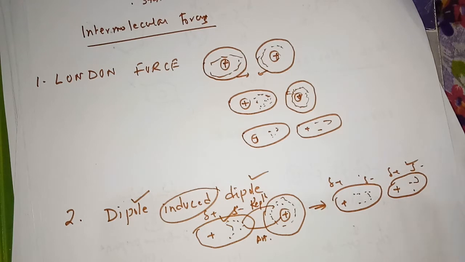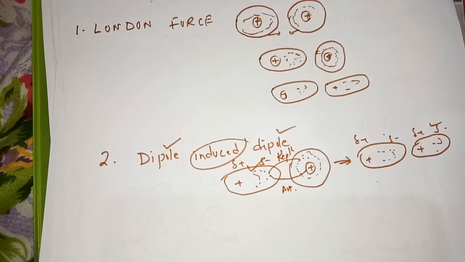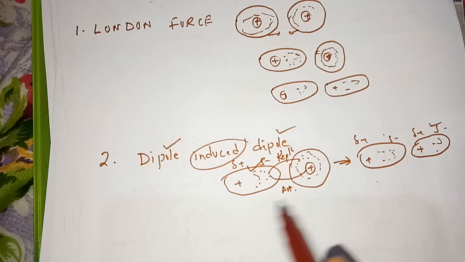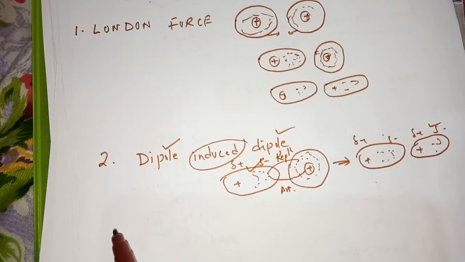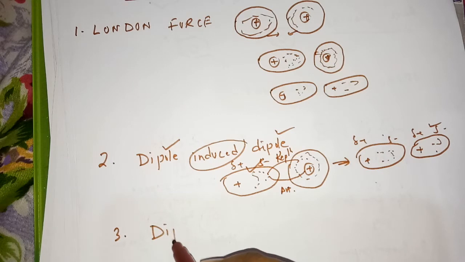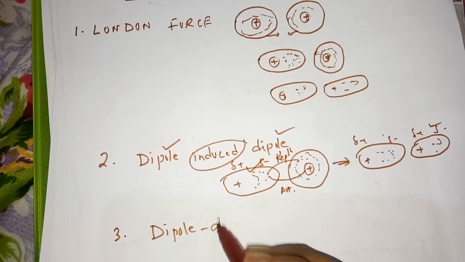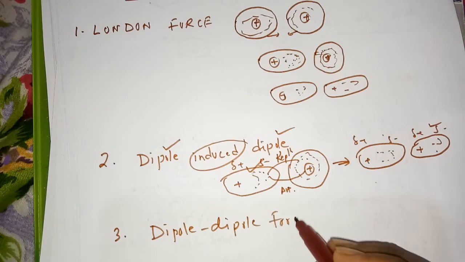Just like that, when an iron blade, the blade made of iron, sticks with a magnet, or iron nails stick with the magnet overnight, then you will see that the iron nails also become magnets. This is called dipole induced dipole. Another force is the dipole force. Dipole force.